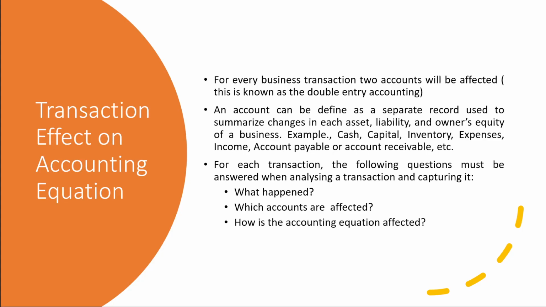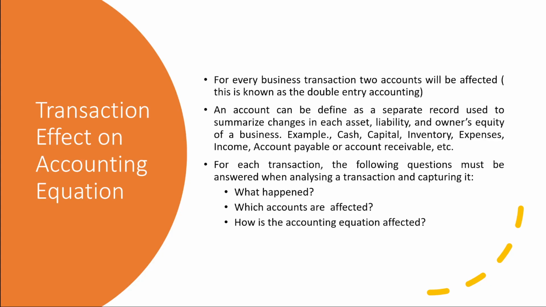This is also known as a double entry system. Please note that it's a minimum of two. There can be more than two accounts affected, but for our learning purposes, we are going to focus mostly on two accounts.